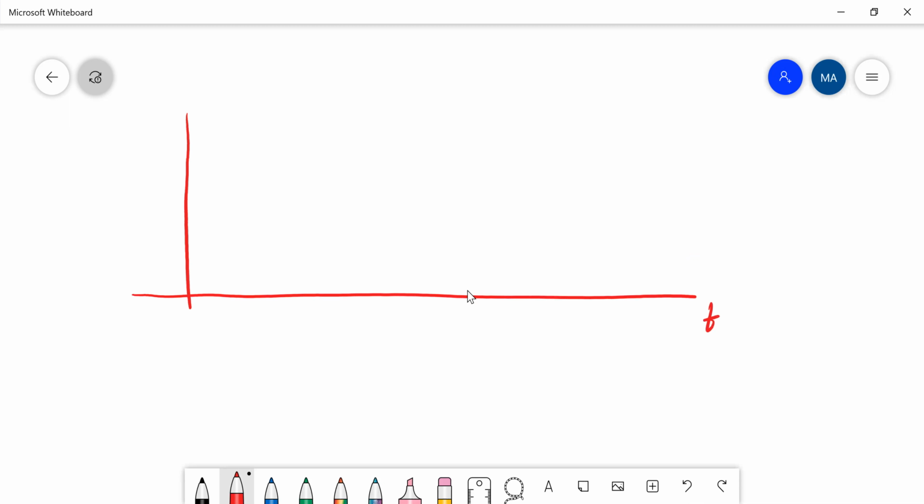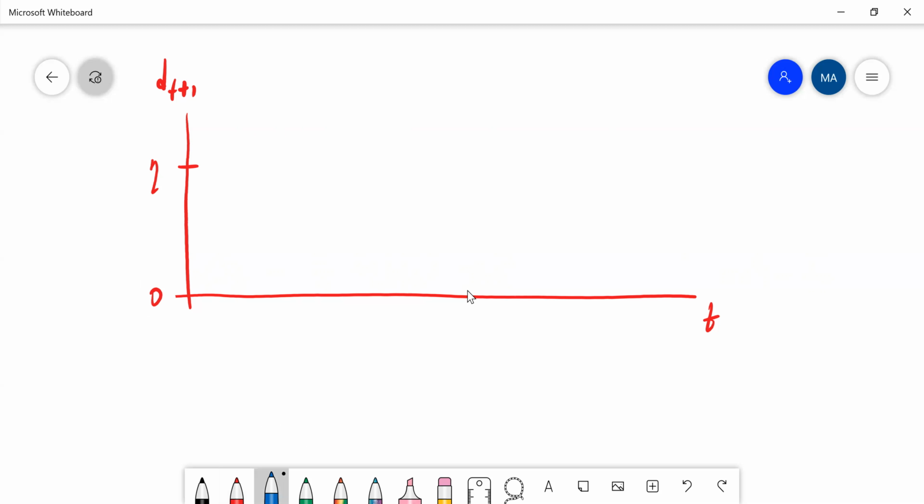So if this is t, if this is t plus 1, this is eta, and this is 0. Okay?